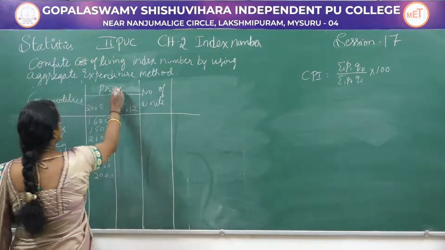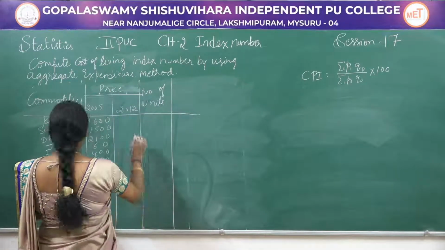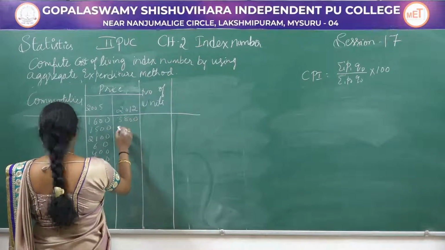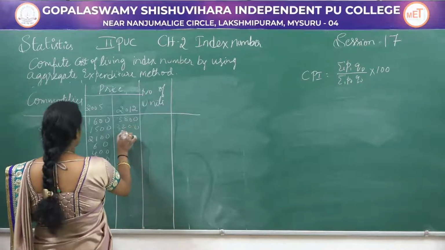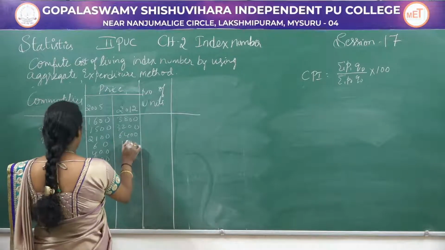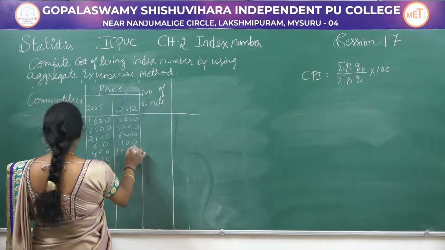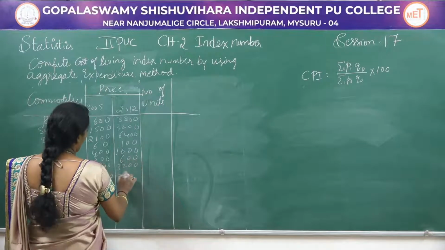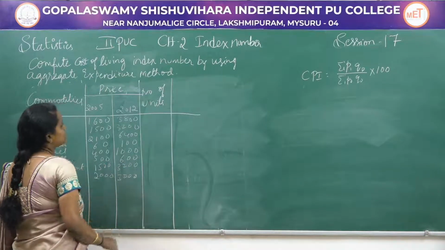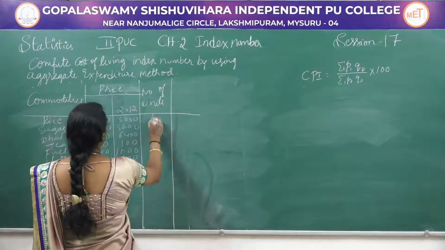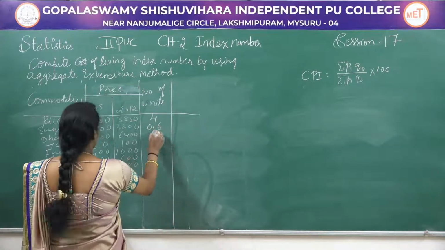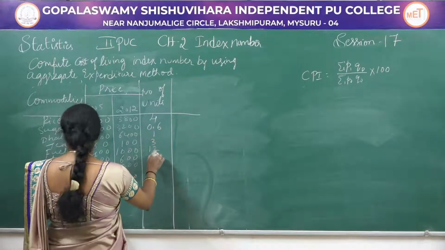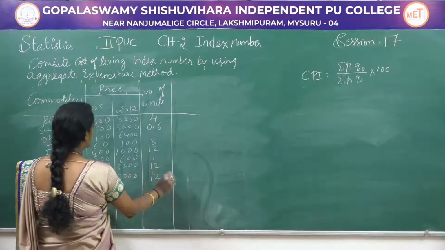Price under 2012 is 3800, 3200, 6400, 100, 1000, 600, 3200 and 3000. Number of units is 4, 0.6, 1, 3, 12, 1, 12 and 12.